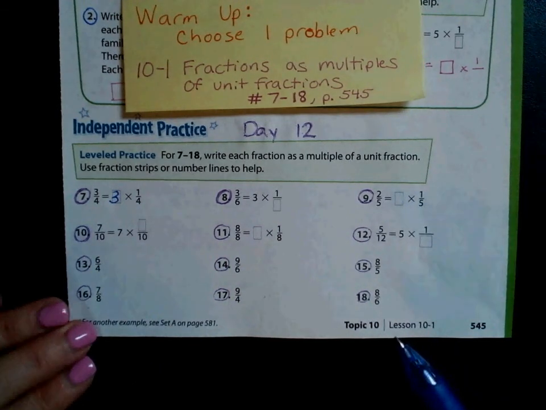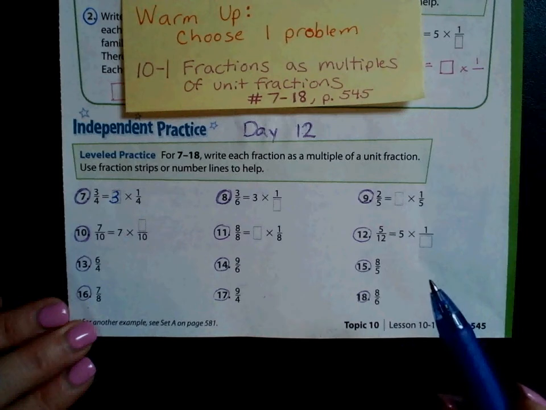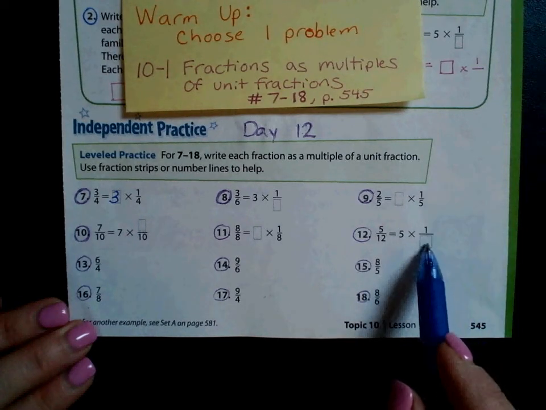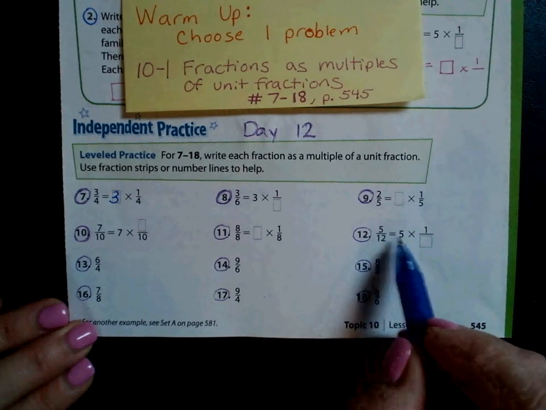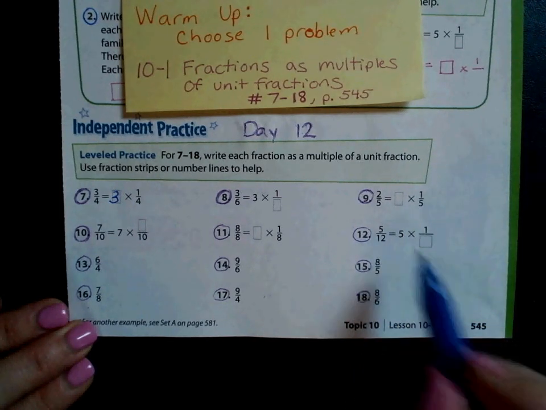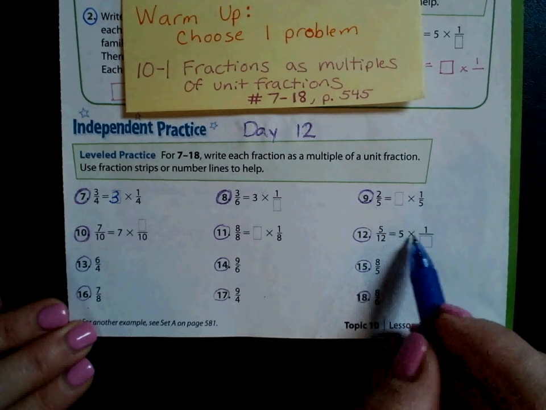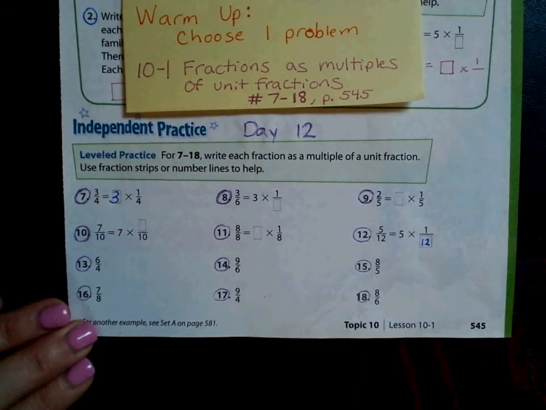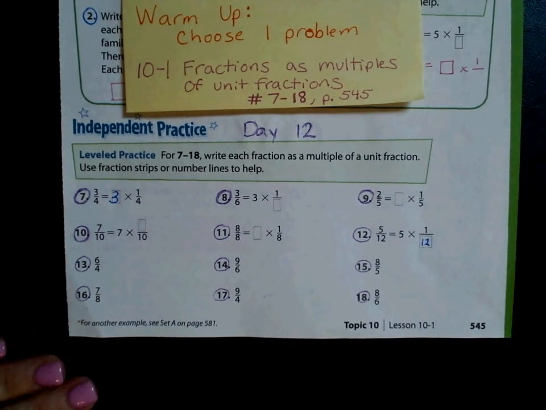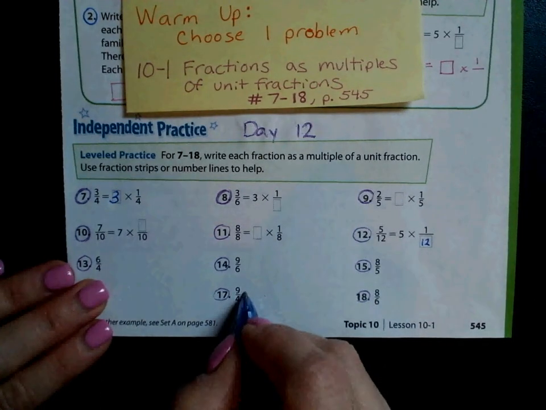And let's go ahead and look at one where the denominator is missing. So here, let's look at number 12. 5 is my numerator, so they wrote that as the whole number, times 1/12. So my denominator is 12, so that's going to go there. And let's take a look at one of the ones that does not have the boxes.